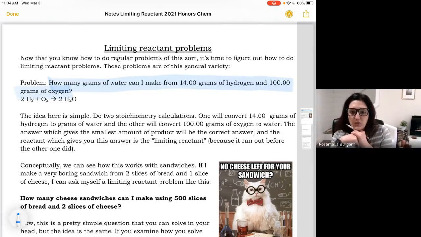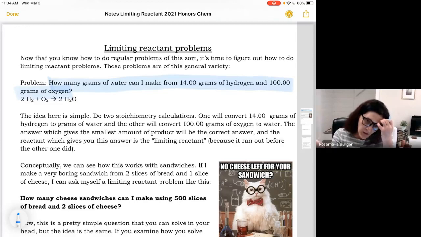Do two stoichiometry calculations. One will convert 14 grams of hydrogen to grams of water, and the other will convert 100 grams of oxygen to water. The answer which gives you the smallest amount of product will be the correct answer, and the reactant which gives you this answer is called the limiting reactant because it runs out before the other one did.